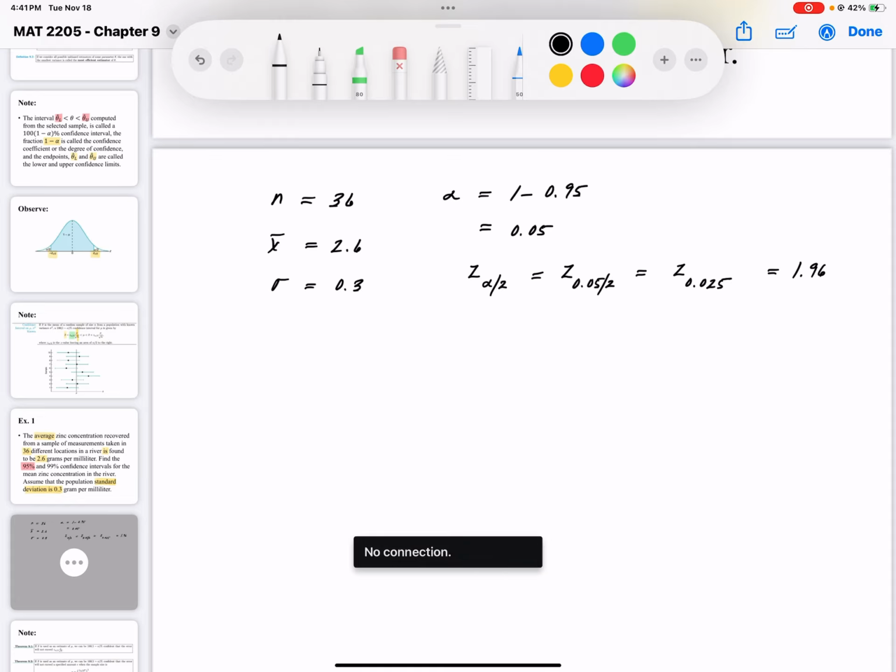So if you had to find this manually, you didn't already know that it was 1.96, how would you compute the z sub alpha notation? Okay, well, you know that this value is the area to the right, and the chart gives us areas to the left. So first you must subtract that value from 1.